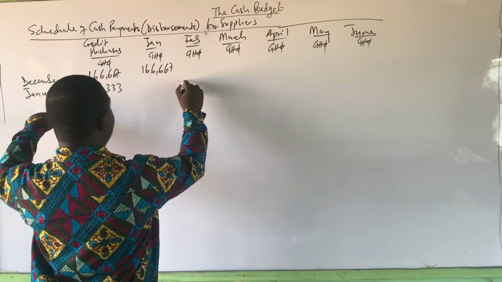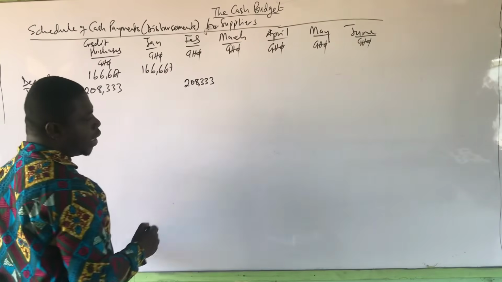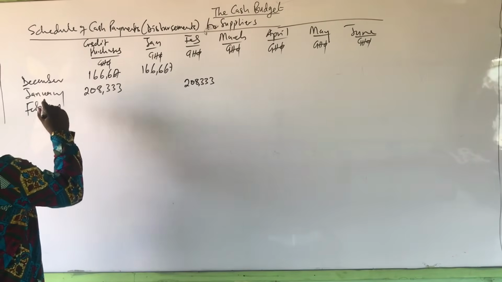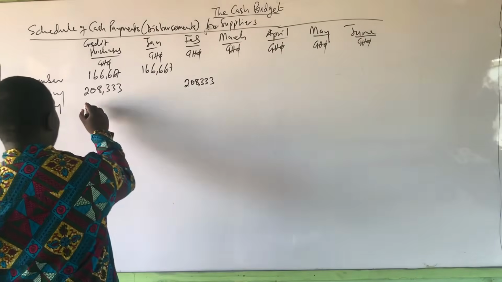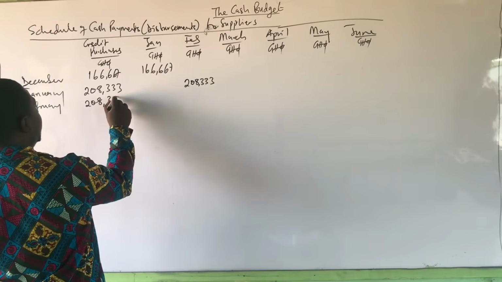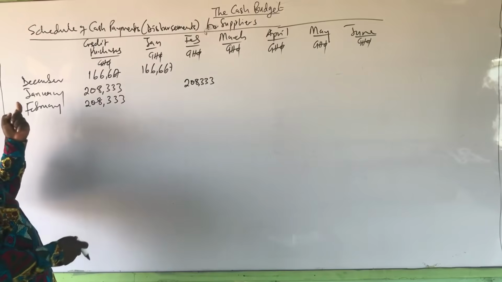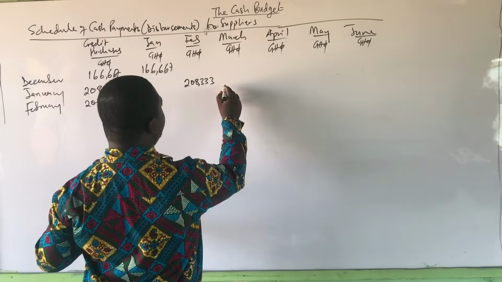So we write that under February, 208,333. And that is it. And then we move to February itself. So February's purchases from our calculation is also 208,333. And that means that we are also going to pay that in March because it is 1 month after February, which will be March. So we shift that to March.